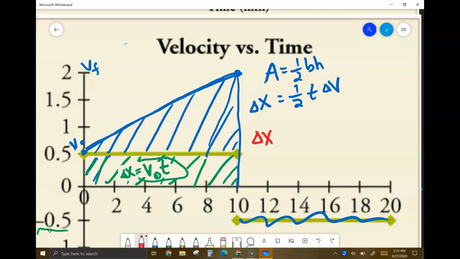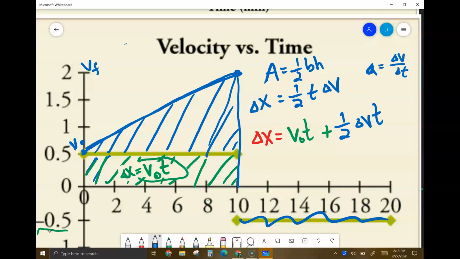So total displacement would be the green part, initial velocity times time, plus the blue part, 1/2 delta V times time. All right. Well, let's say I wanted to get that acceleration there because we just looked at the slope of a velocity time graph and we said that acceleration is delta V over delta T.